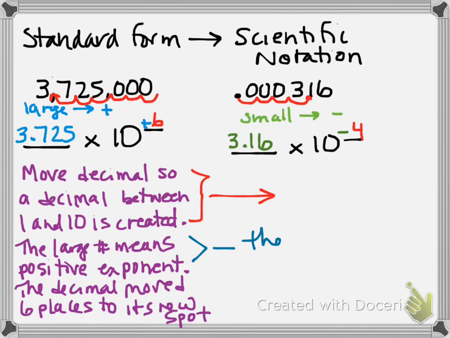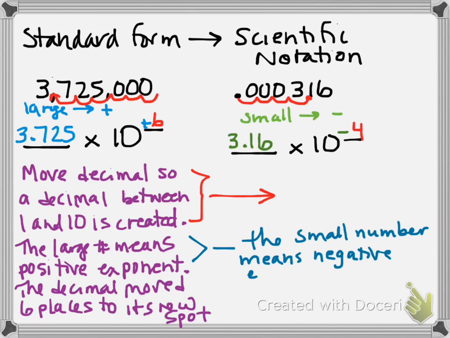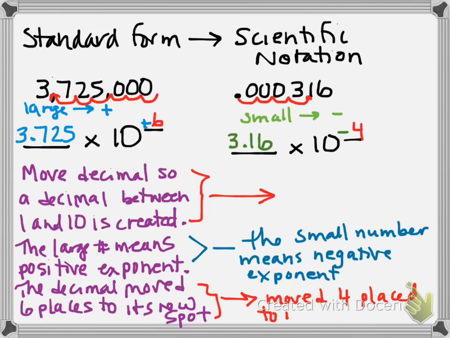The small number means negative exponent. The second bit is pretty much the same, except for I moved 4 places to its new spot.